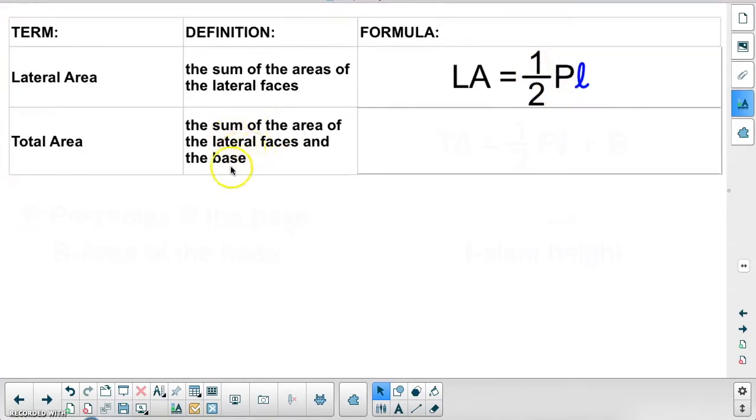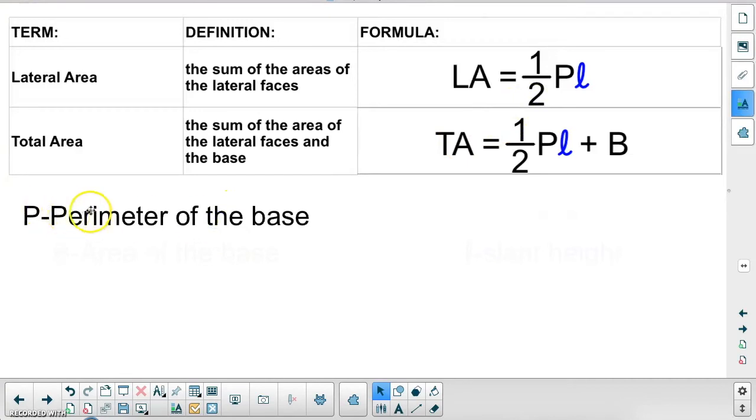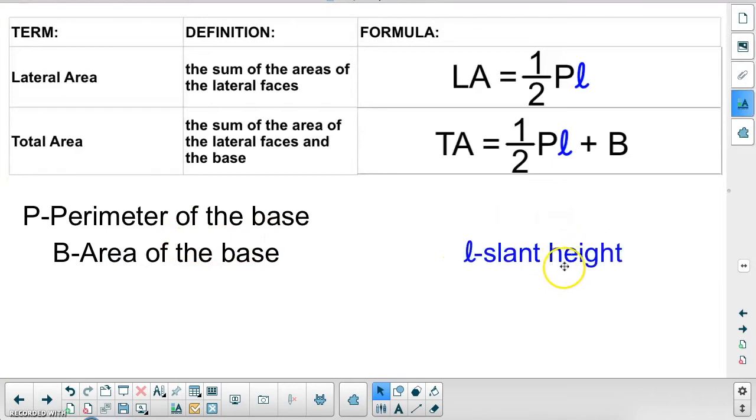So to get the total area, we have to add in the base. So it's the lateral area, 1/2 P times L, plus the area of our base. As a reminder here, we know the perimeter of the base is P, B is the area of the base, L is our slant height, and H is our height.